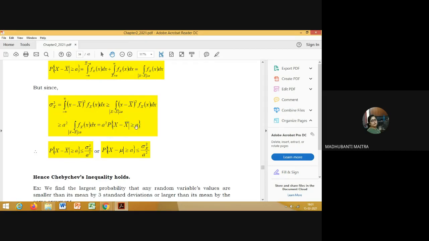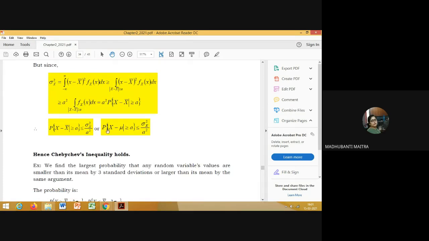This probability will be less than or equal to sigma x square by a square.